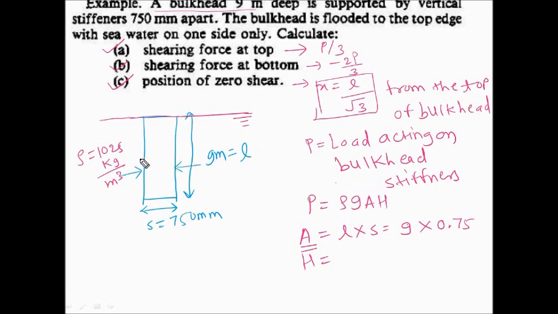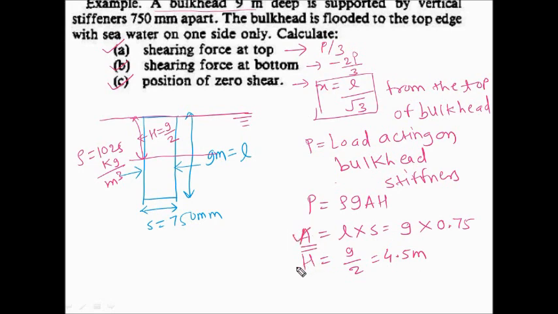In this case, the centroid will be at half of the depth, because for a rectangle, the centroid is at the half. So h will be 9 by 2, since the total depth is 9 meter. So you have to take h as 4.5 meter.